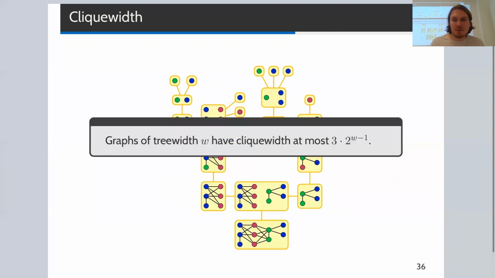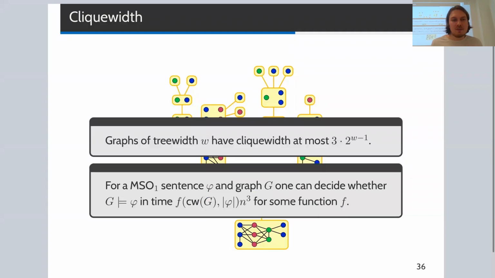But the important 2 bits are the following: that clique width generalizes tree width. So if a graph has tree width at most W, then the clique width is at most 3 times 2 to the W minus 1. So this implies in particular that every class with bounded tree width also has bounded clique width.